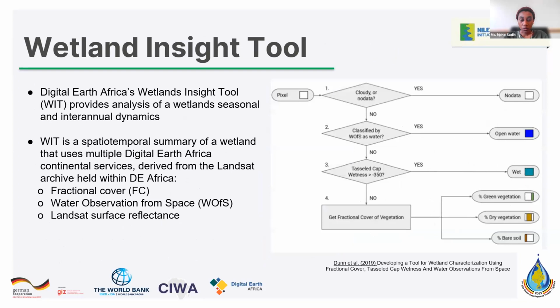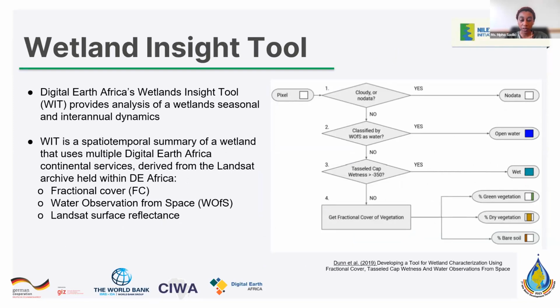The last thing that I'll talk about is just the Wetland Insight tool. The Wetland Insight tool gives you an analysis of how a wetland or a water body is changing seasonally and interannually. With this tool, it tells you how much of your area of interest is water, how much is green vegetation, how much is dry vegetation, how much is bare soil, and how this varies with time within the boundary that you've demarcated.